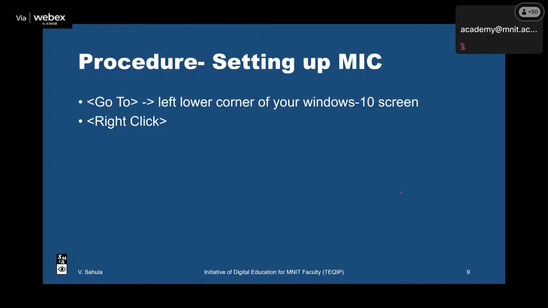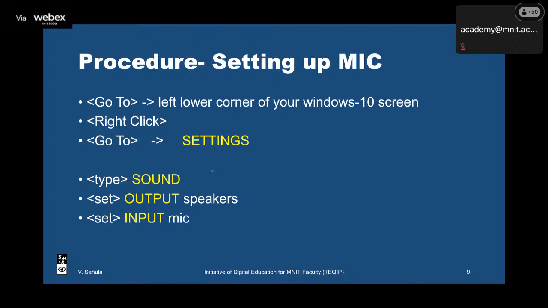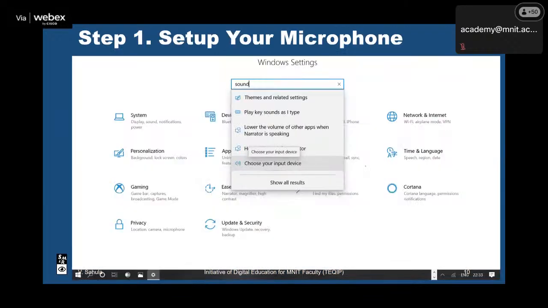How do you do this mic setting? You go to the Windows left side and say settings, go to sound and set your output to the current speakers and input from the mic, right? Then your things will work that way. So this is a screenshot for how to change your mic.